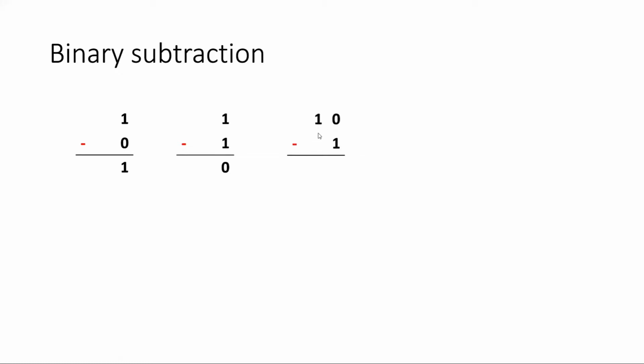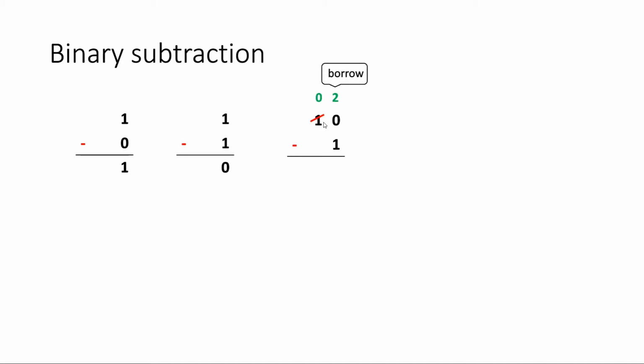But how about this case? We have a 0 here that we want to subtract by 1. We cannot write minus 1 here. So what we do in this case is that we borrow from the next digit. So this becomes a 0, and this gives us a 2 in this position, because remember, each digit is twice more powerful than its previous digit.